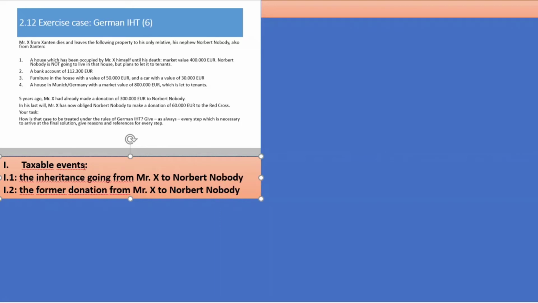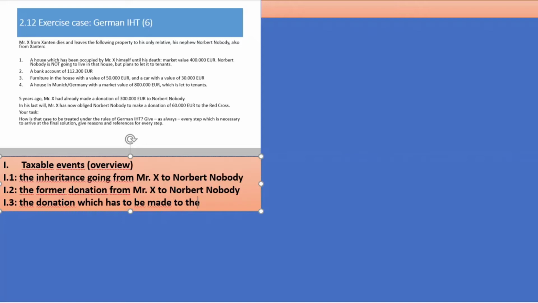And I would perhaps even say this is just the first overview only. And then we have, last but not least, indeed the least from the amount, the donation which has to be made to the Red Cross. So we have potentially 3 transactions where we have to think about.